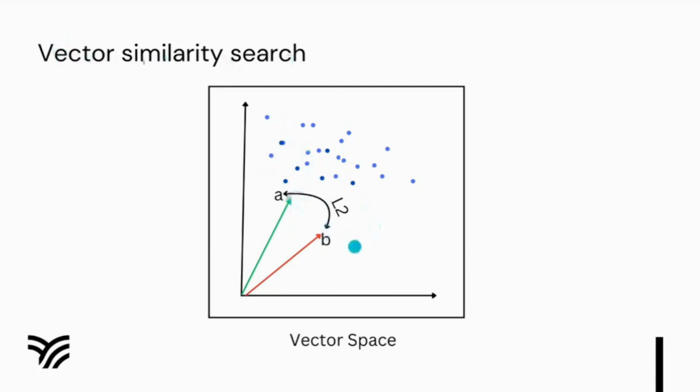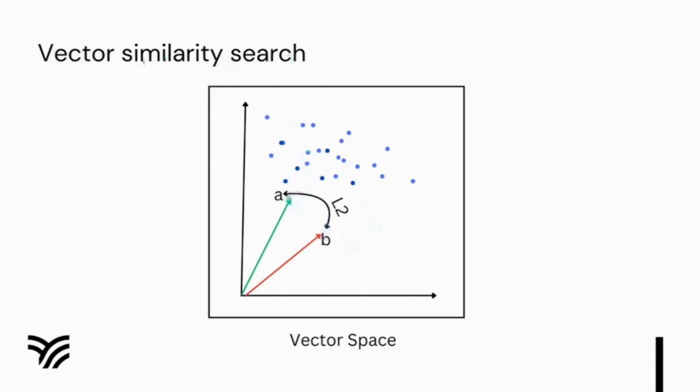Vector similarity is used to find similar vectors, right? In vector similarity we determine whether two vectors are similar to each other or not. We use the vector similarity search algorithm to say whether two data points, images, or textual data are similar to each other or not.